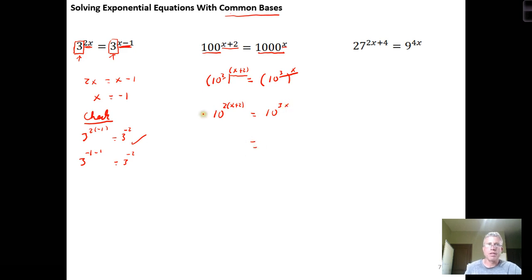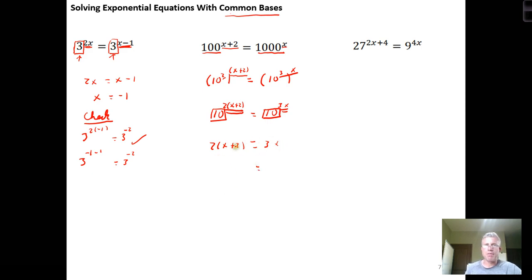Now the bases match. I have a base 10 exponential expression on the left-hand side and a base 10 exponential expression on the right-hand side. The only way for those two expressions to be the same is for their exponents to match. So I need 2 times x plus 2 to equal 3 times x.